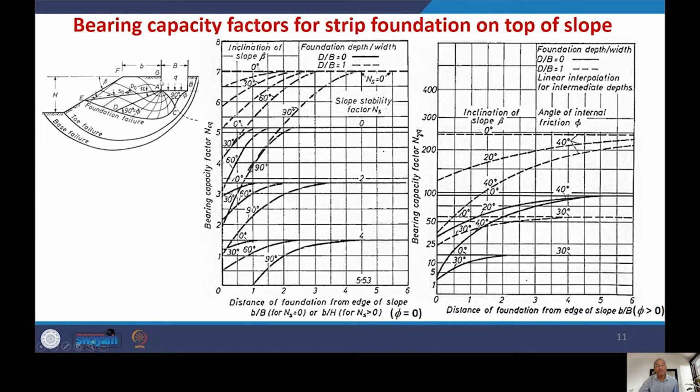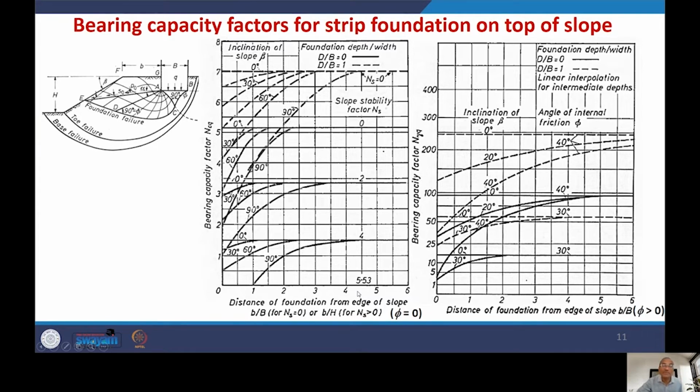But this value of b is normalized with the width of the footing B. B divided by B should be applicable when NS equal to 0. But when NS is greater than 0, then they have used b by H, where H is the height of the slope. Okay. So in this case, you have two normalizations: for NS equal to 0, b by B, and otherwise b by H. It should be read from this axis.